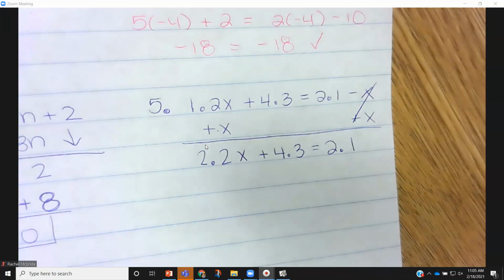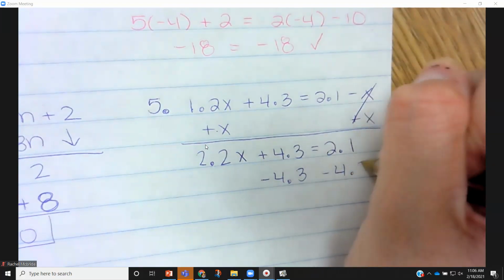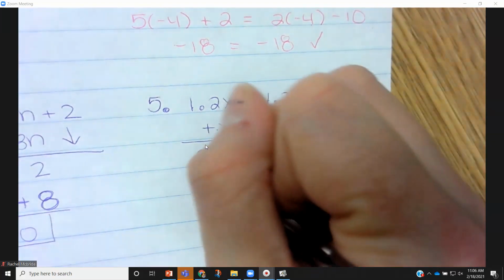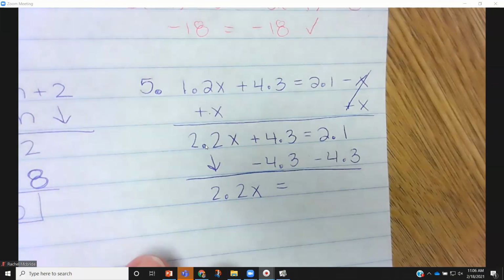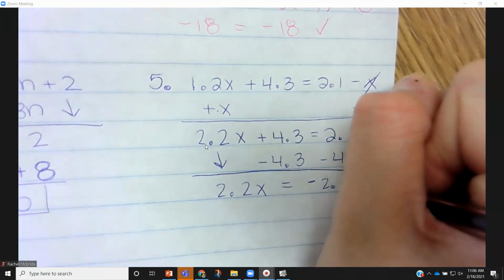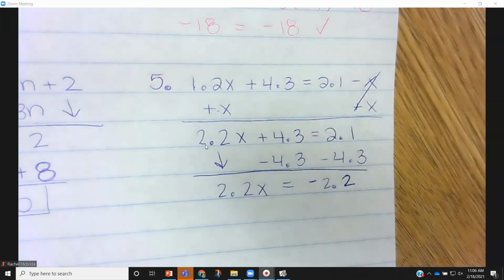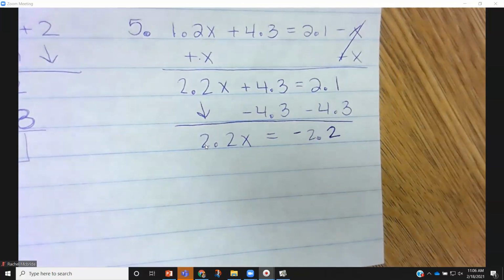Okay. Nevaeh wants to do it. All right, Nevaeh. Excellent. All right. So, 2.1 minus 4.3. You can use a calculator. Well, oh, go ahead, Nevaeh. What you got? Perfect. So, what do we do next?